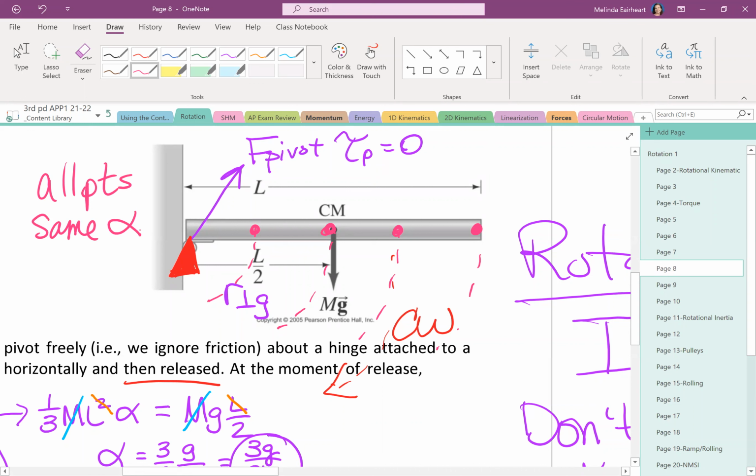But linearly speaking, each of those points has a different distance from the hinge. They have a different radius of the circle they make, right? And so the acceleration linearly is going to be different. So they have different linear acceleration.